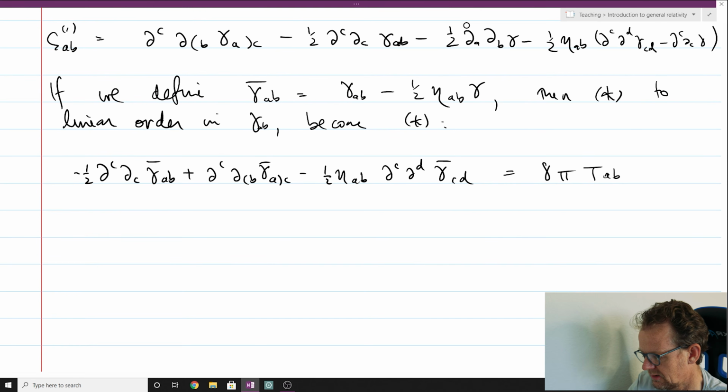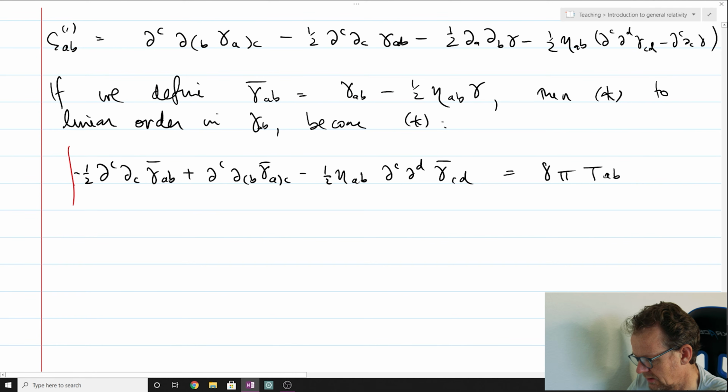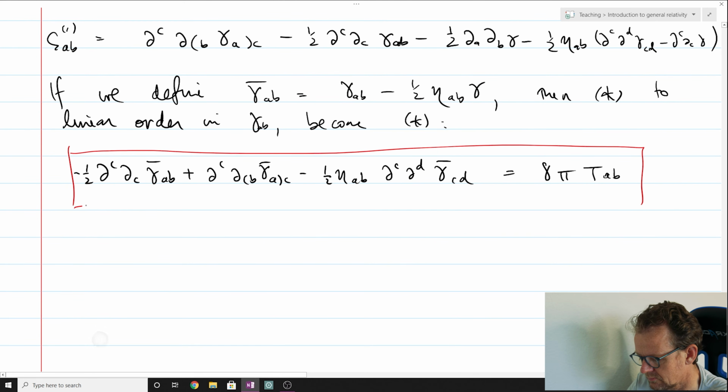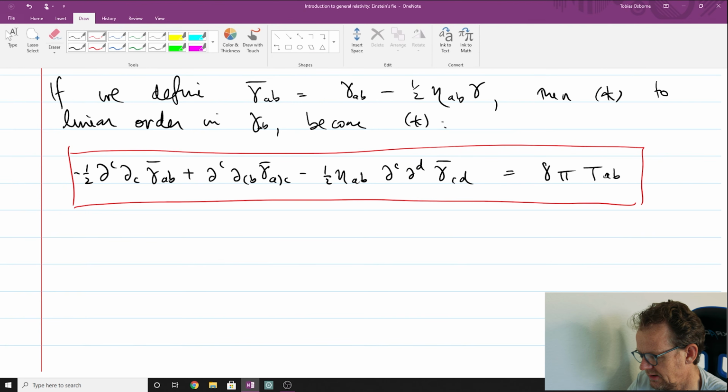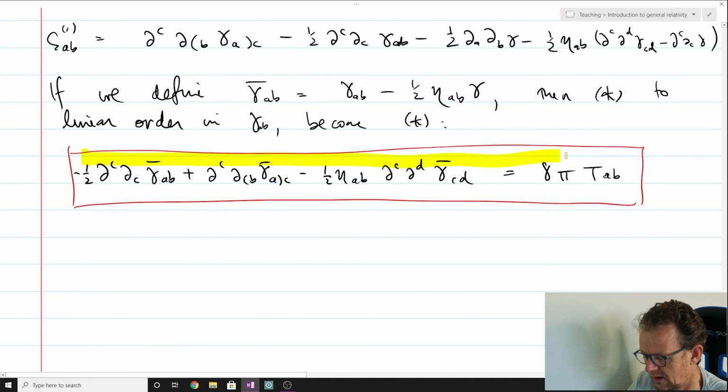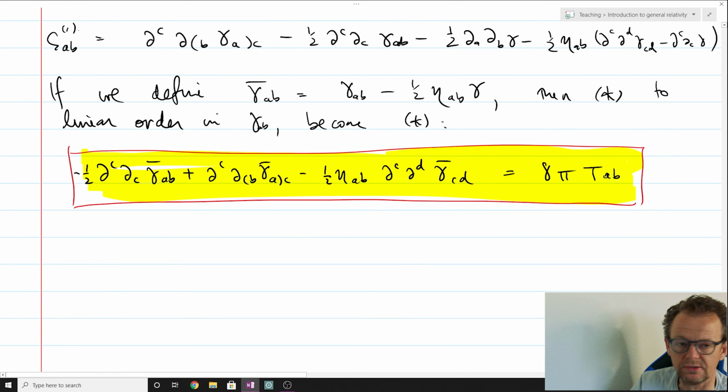So this is what the Einstein field equations look like to linear order. We haven't done anything particularly intelligent yet. We've just substituted our expansion for the metric into Einstein's field equations, collected terms to linear order in gamma, and written out what we've got.